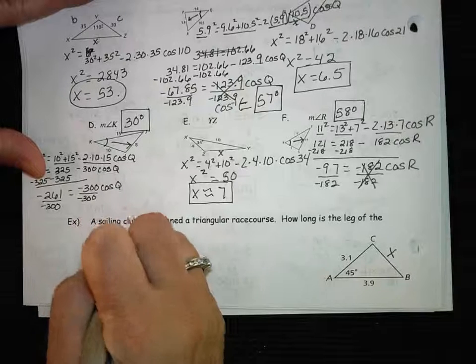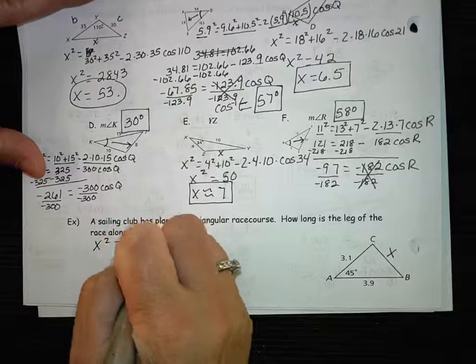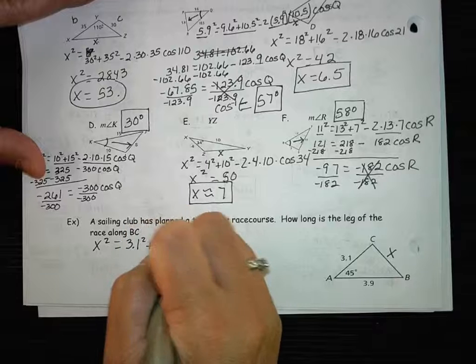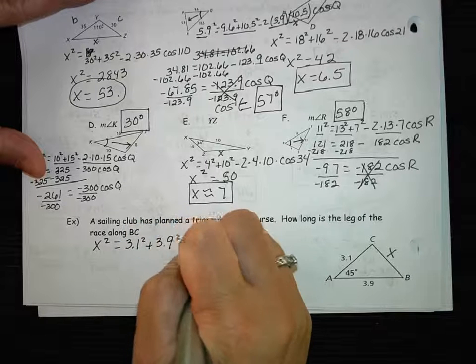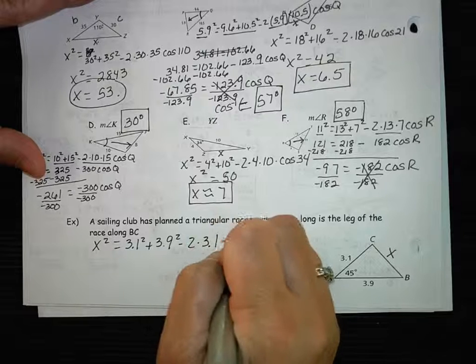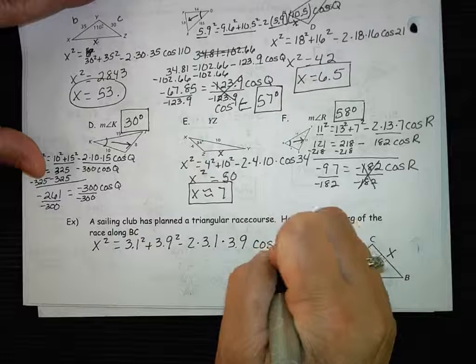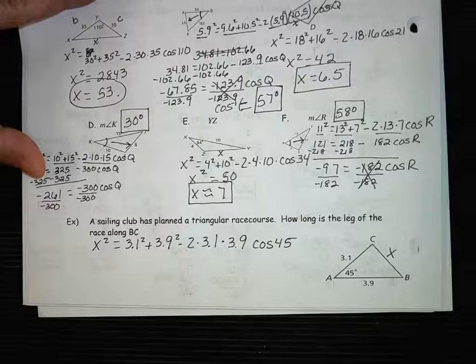X squared equals 3.1 squared plus 3.9 squared minus 2 times 3.1 times 3.9 times the cosine of 45.